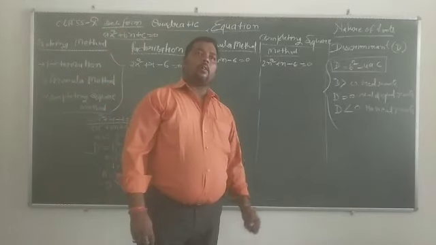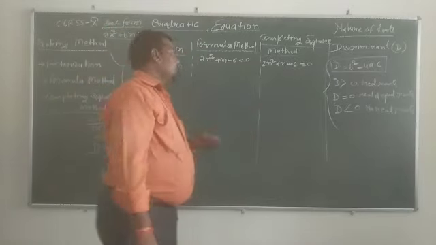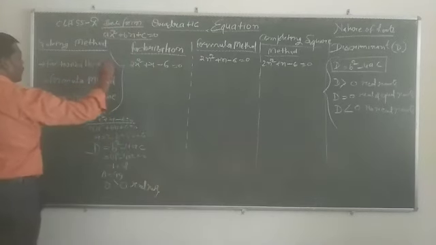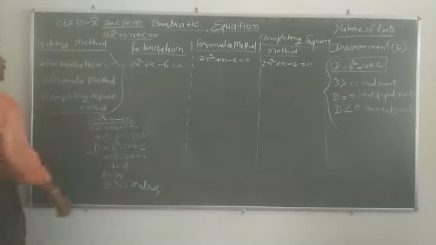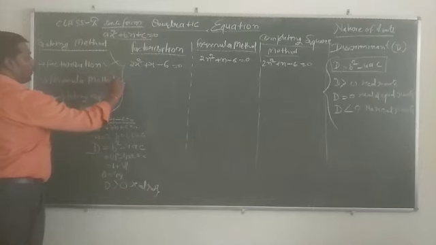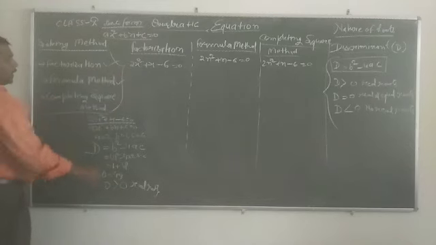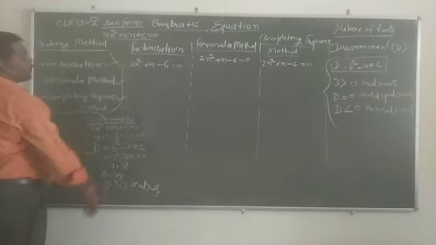A quadratic equation is solved by three methods. First one, factorization method. Second one, formula method. And third one, completing the square.